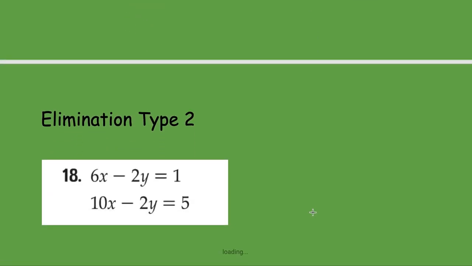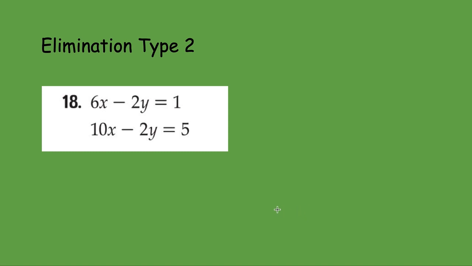All right, and I call this one type 2. And the reason I call this one type 2 is because this one, you look at it and you're like, oh, good, the y's are both -2. Now, that's not a bad thing because that's like the second best situation here. But what we have to do when we have a situation like this is recognize that I need them to be opposite of each other.